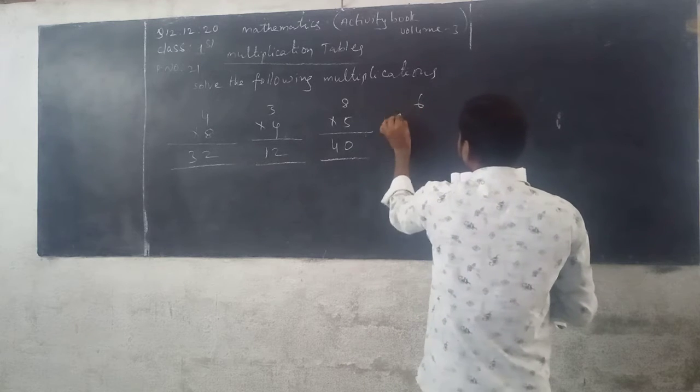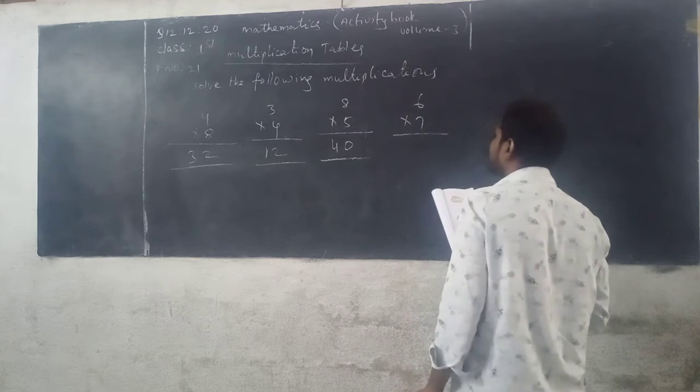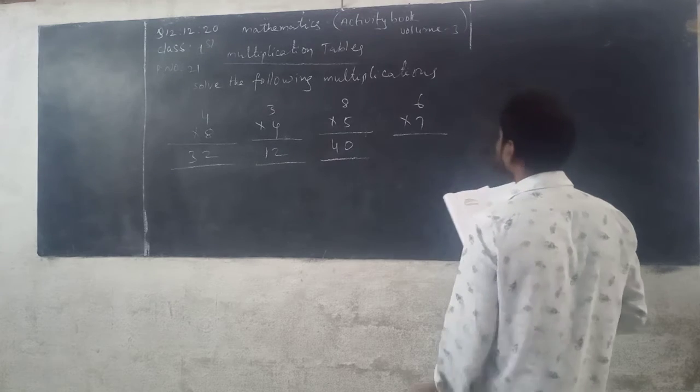Now next, 6 into 7. 6 is multiplied with 7. Then you can read the 7 table. 7 sixes are 42.